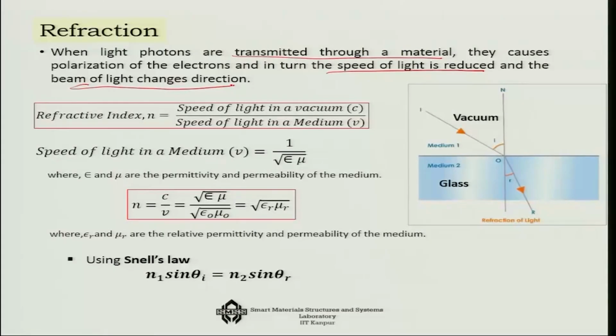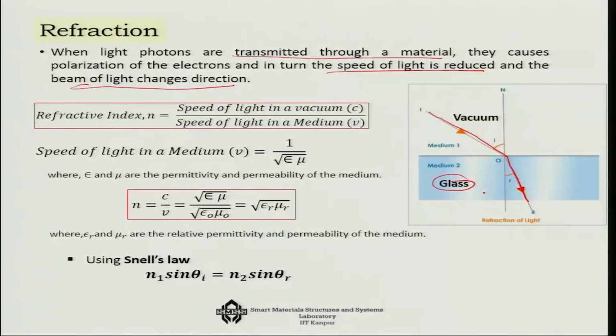So, from the vacuum, for example, the light is coming to any such non-metallic system. Suppose it is coming into glass. The moment it is coming inside the system, there is a polarization and the speed of light will get changed, and as a result it will not be able to progress in the same direction, but it is going to get changed.